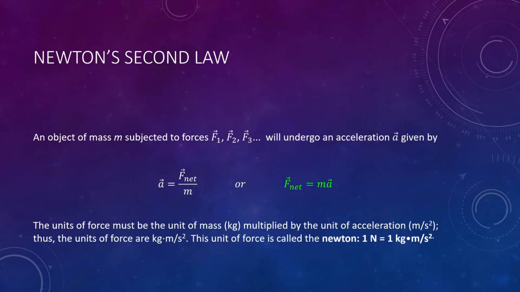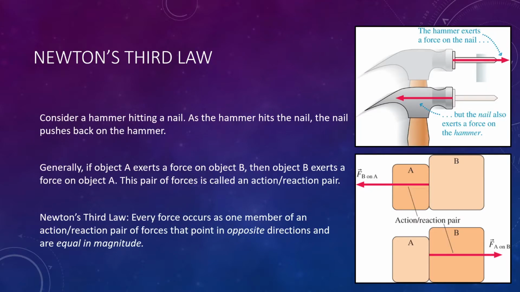All right, this then brings us to Newton's third law of motion, out of 3. Newton's third law is an action-reaction discussion. So consider, for example, you are hammering a nail into a wall. Obviously, you with the hammer are applying a force to the nail so that it is punched into the wall. But the nail also pushes back at the hammer.